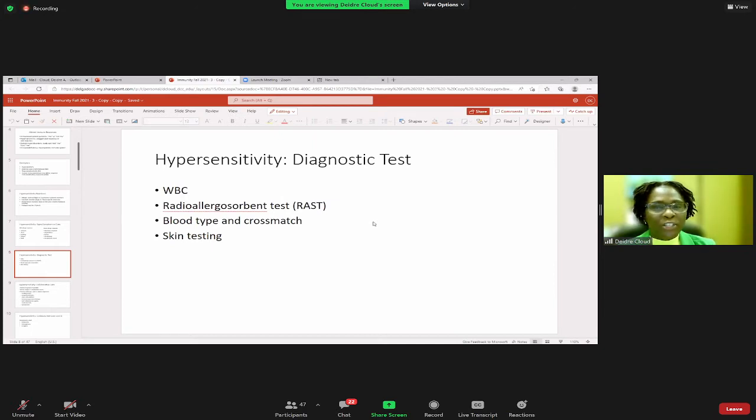Again, these tests really don't matter much, because when the patient comes in with an allergic reaction, we know based on their symptoms. Knowing that their IgE is elevated won't do us a whole lot of good in the moment. The only test that's probably needed prior is the blood type and cross match. Otherwise, the other tests just confirm that yes, they're having an allergic reaction, but we probably already know that.